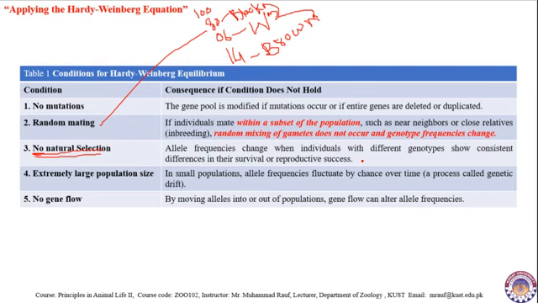So all the individuals in the population, irrespective of their genotype, should have equal opportunities of survival and reproduction, meaning there shouldn't be any traits which are favored by nature in a population.